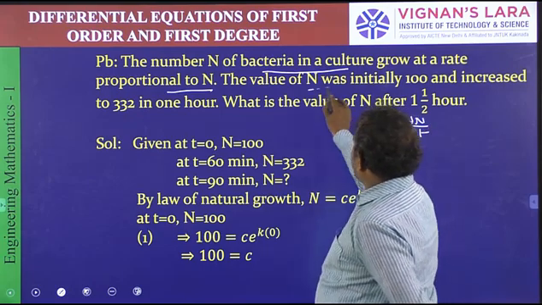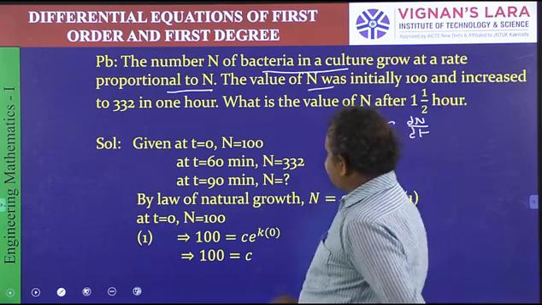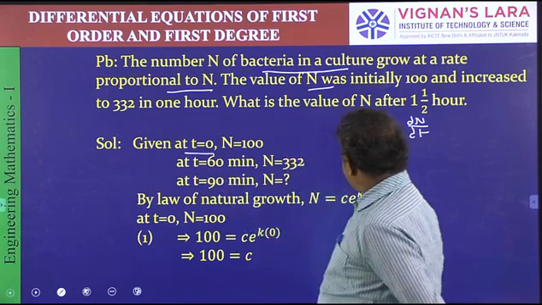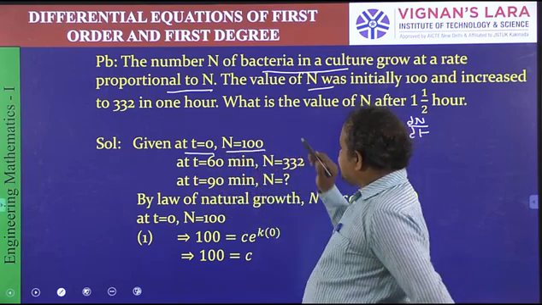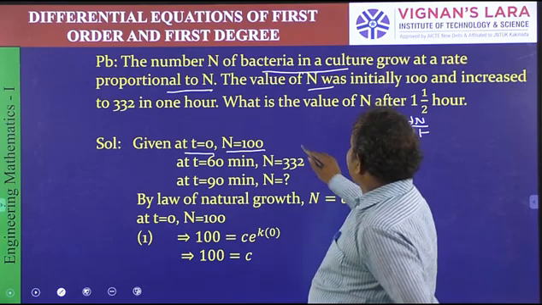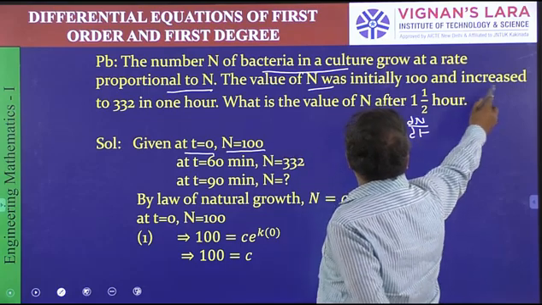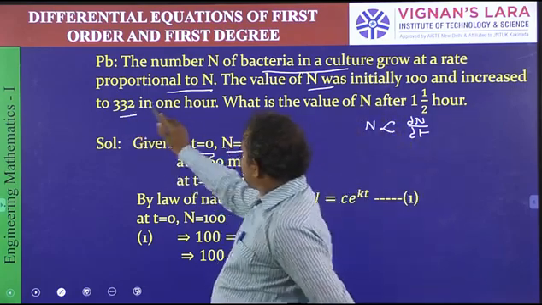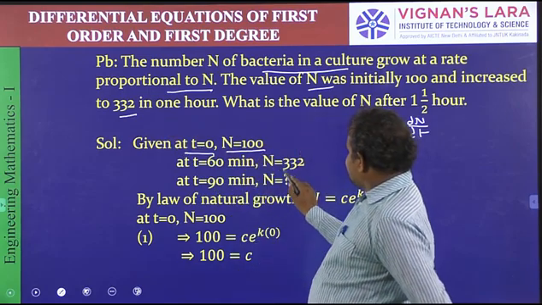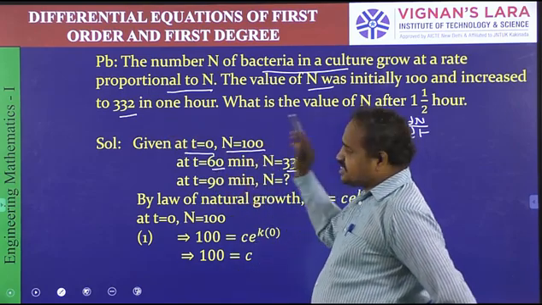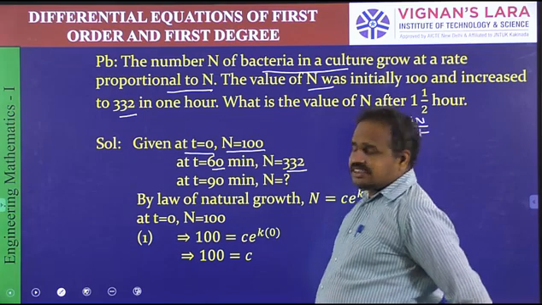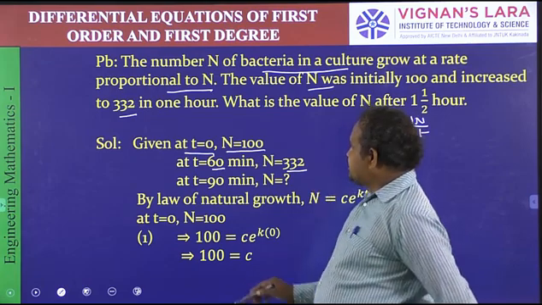The value of N was initially 100. Initial means at time t is equal to 0, the quantity value is 100, and it increased to 332 in 1 hour. 332 in 1 hour means 60 minutes. At t is equal to 60 minutes, the quantity is 332.